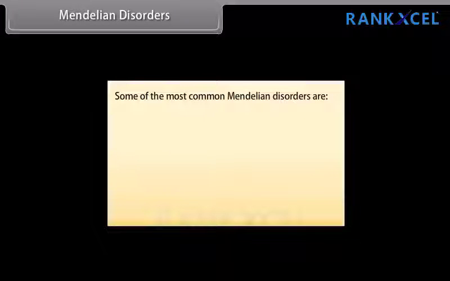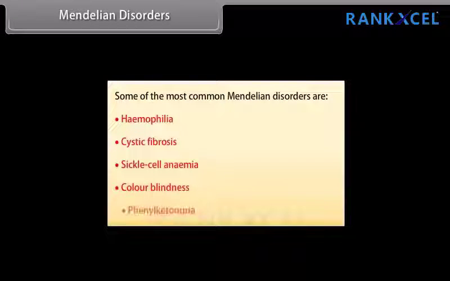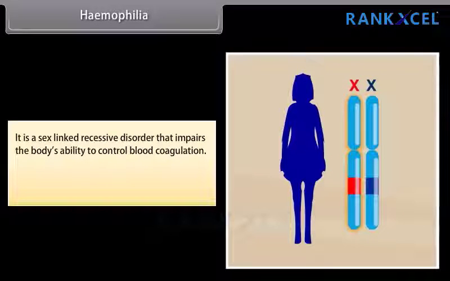Some of the most common Mendelian disorders are hemophilia, cystic fibrosis, sickle cell anemia, color blindness, phenylketonuria. Hemophilia: it is a sex-linked recessive disorder that impairs the body's ability to control blood coagulation.